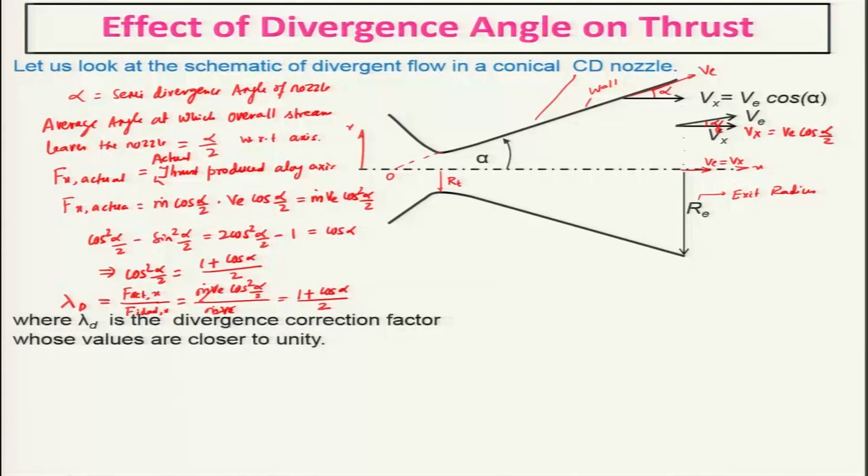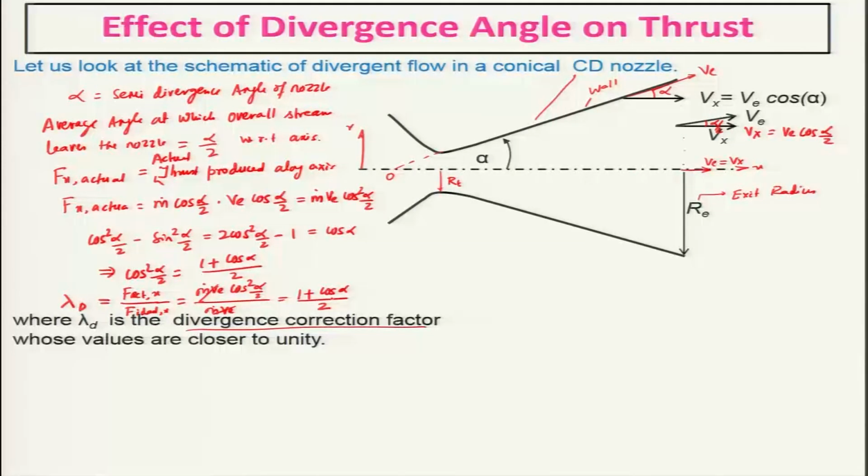That means this divergence correction factor is what we have derived, 1 plus cos alpha by 2. When alpha is equal to 0, which is not possible, but let us hypothesize, the actual thrust produced along the axial direction is the same as the ideal one.